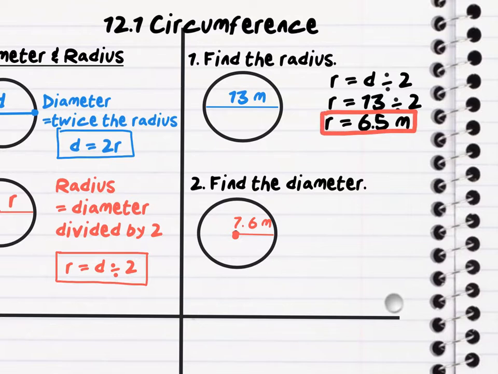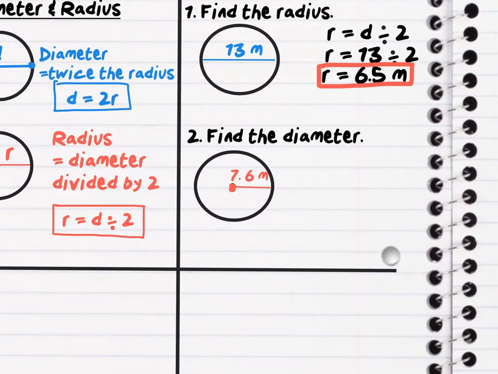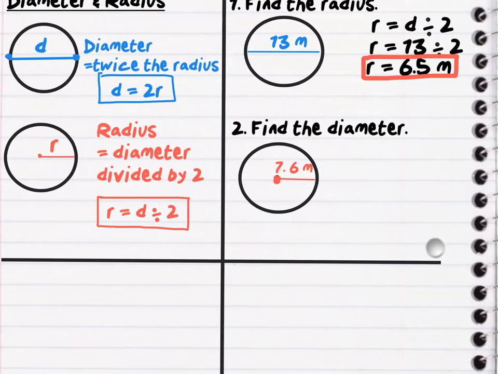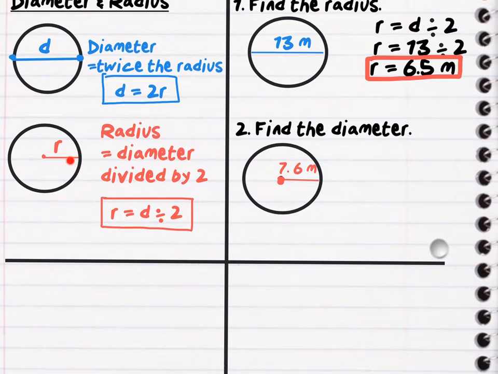All right, now let's look at problem 2. On problem 2, it says find the diameter. Now this distance here, that's the radius. That's half of the diameter, okay? To find the diameter, we're going to use this formula, which starts with the diameter equals 2r. The first row is to write your formula, and then we know that the radius, which is r, is 7.6 meters.